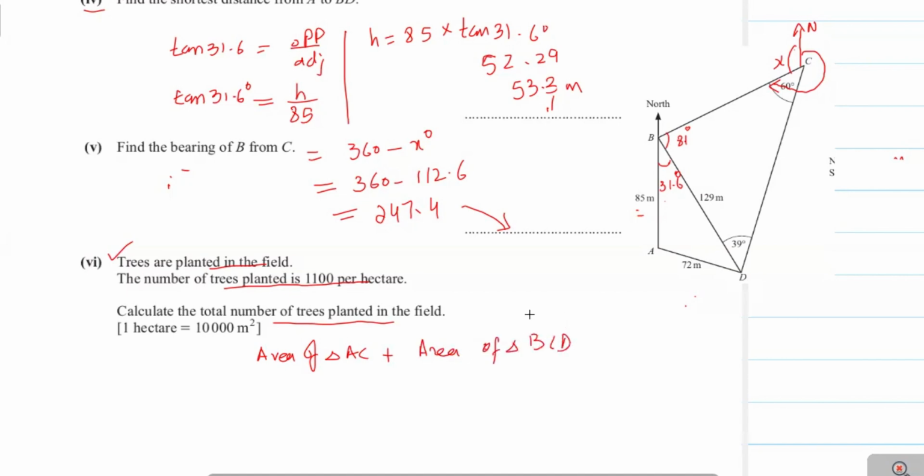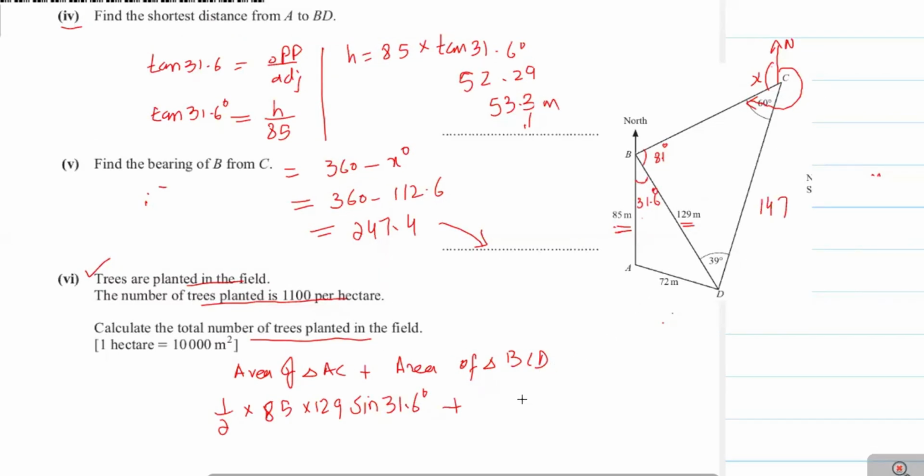The area of triangle ACD will be equal to 1 over 2 into the product of the adjacent sides, 85 into 129, and the sine of the angle between them, sine 31.6 degrees, plus the area of triangle BCD, which will be equal to 1 over 2 product of two adjacent sides and the sine of the angle between them.